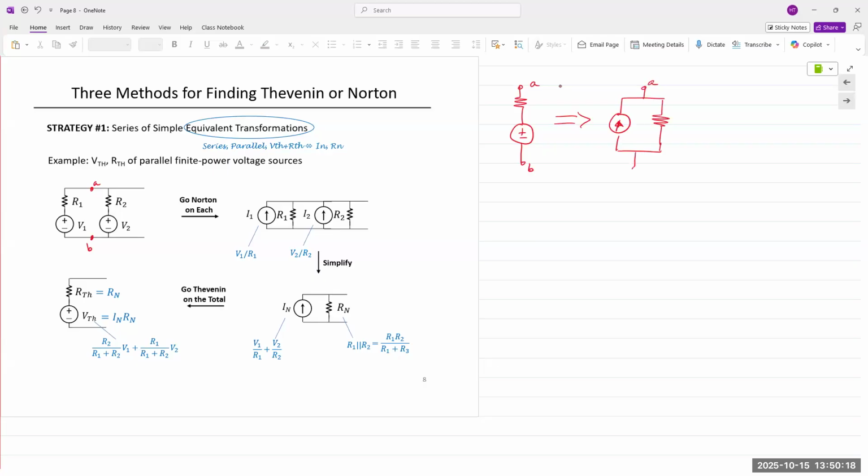This is A, and this is B. Resistance remains the same. Norton current is determined by applying Ohm's law. Let's take a pause. Let me know if you have any questions.